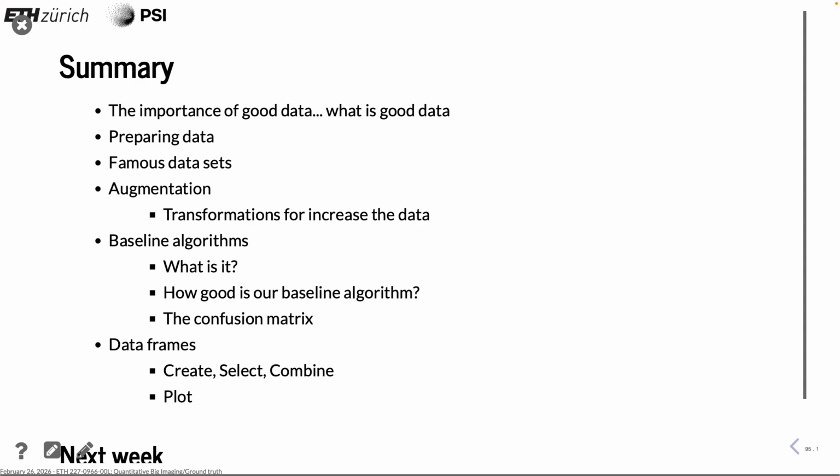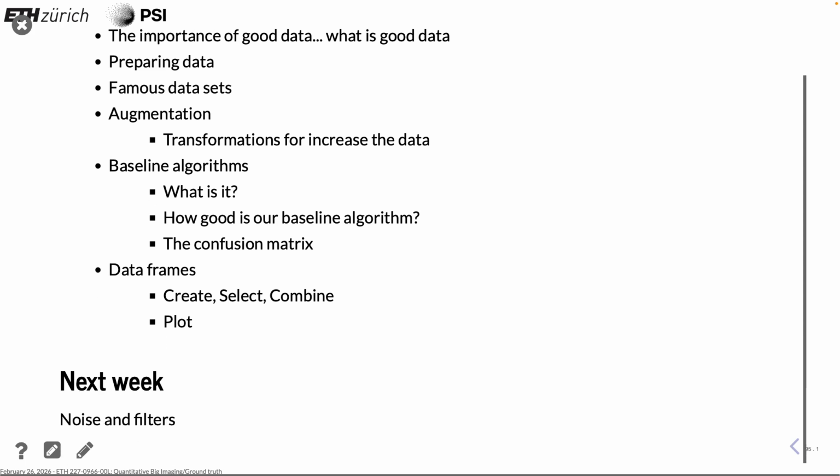And in the comparison, it's very useful to work with the confusion matrix, and that one can tell how well our algorithm is performing. And the last part was a bit more technical about data frames, a way how you can organize your measured data, and also how to do some analysis on it and also do plotting.